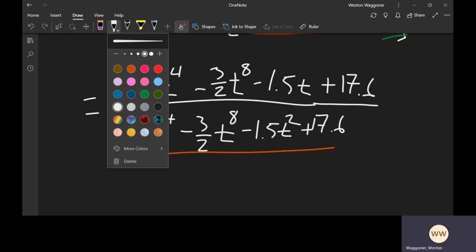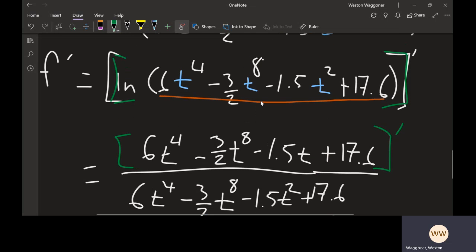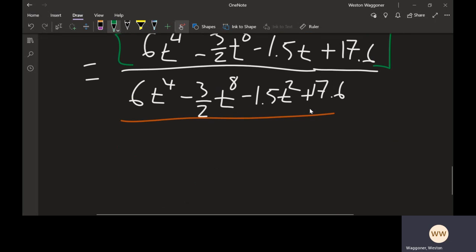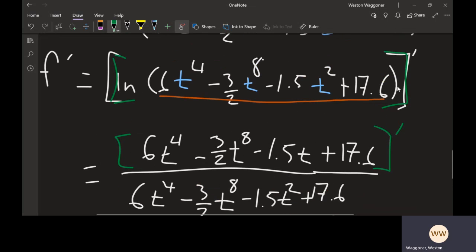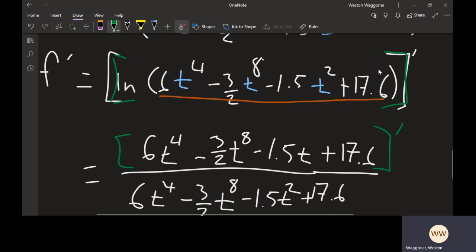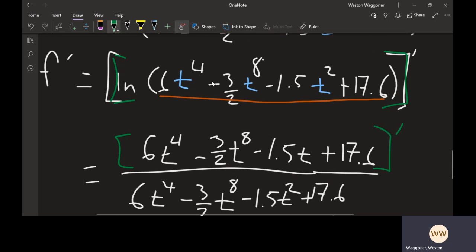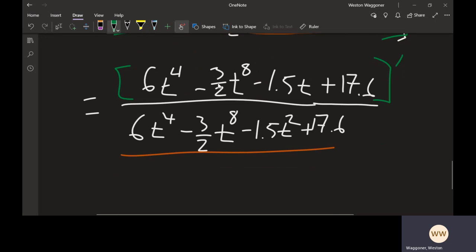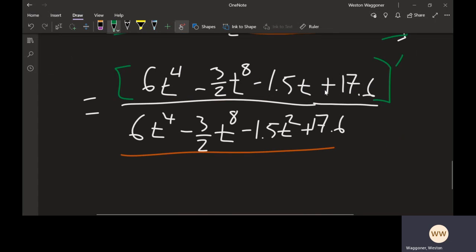Now we're going to be taking the derivative of that. It will always show this pattern: what we have on the inside gets dropped down, and what we have on top is the derivative of what was on the inside. It's coming from our chain rule in some ways, but for now this is the pattern we get used to: the derivative of what's on the inside over what was on the inside of that ln.